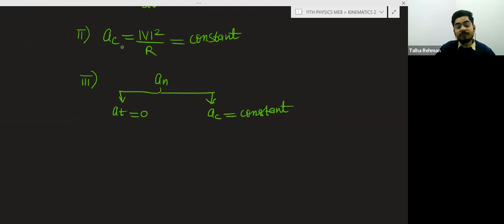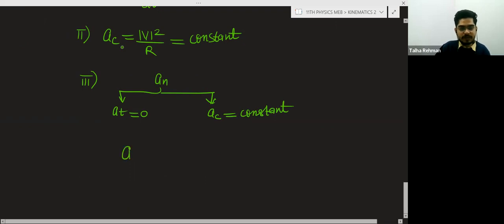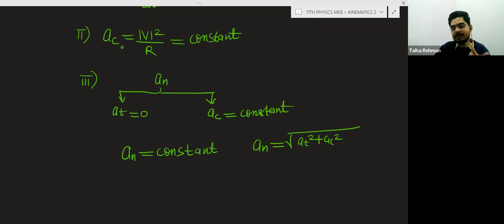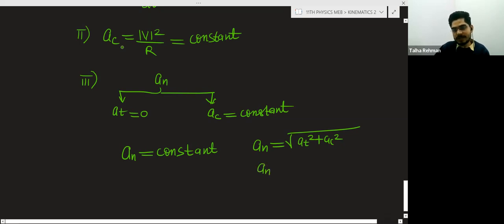So there will be net acceleration, and net acceleration will also be constant, because net acceleration will be the square root of at square plus ac square, and this at will be 0. Basically net acceleration is equal to centripetal acceleration, which is constant.